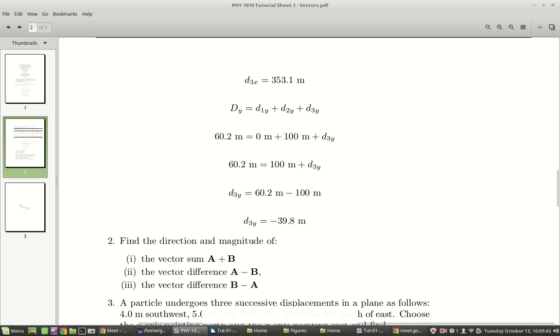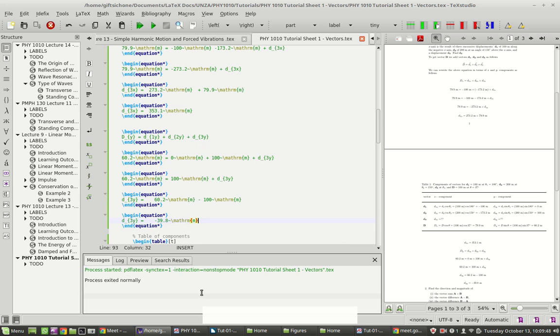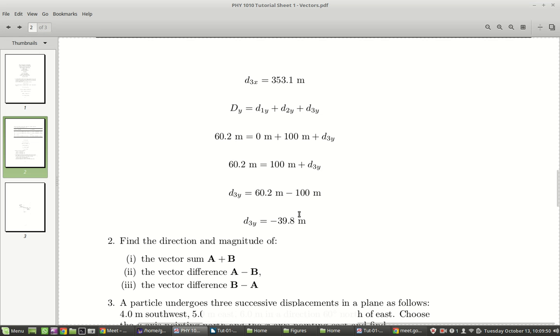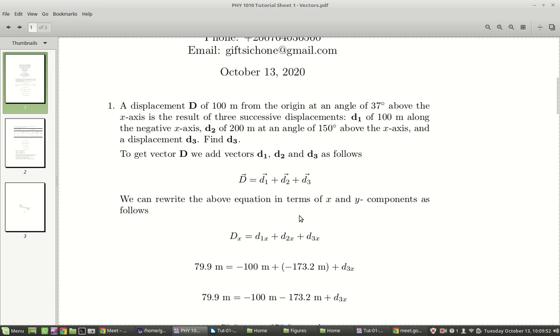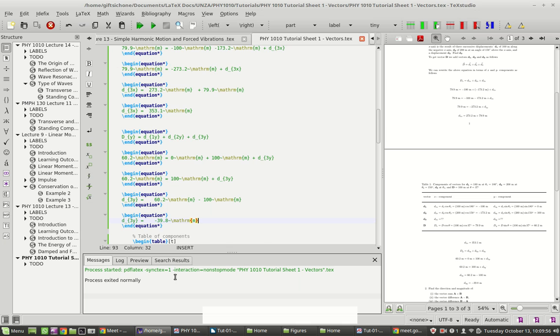d3, the magnitude of d3. How do you get the magnitude of a vector?